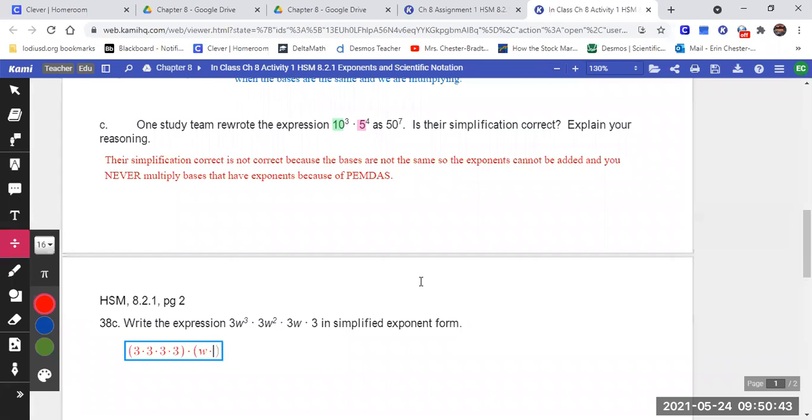The first one has 3. The second one has 2. And the second to last one has 1, right? Do we all agree and understand where all those numbers and letters came from? Anybody not understand where those letters and numbers came from?